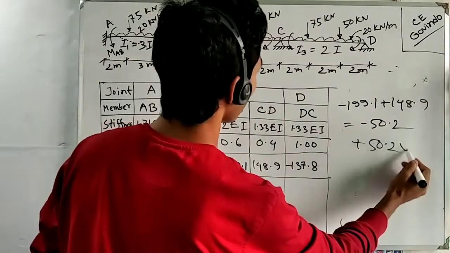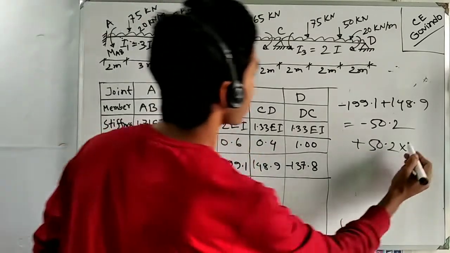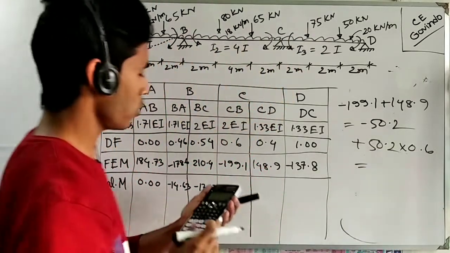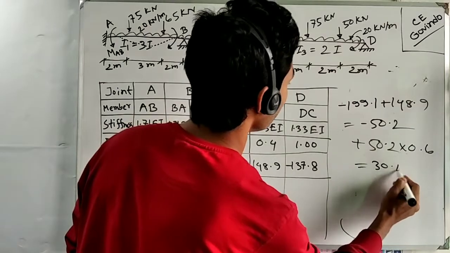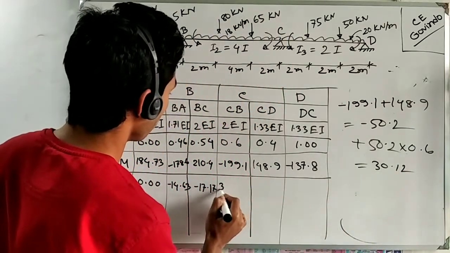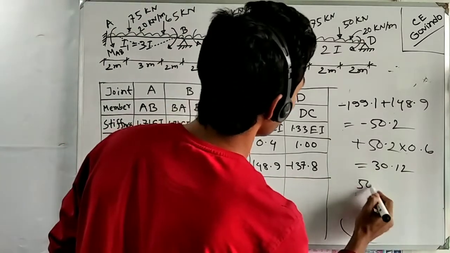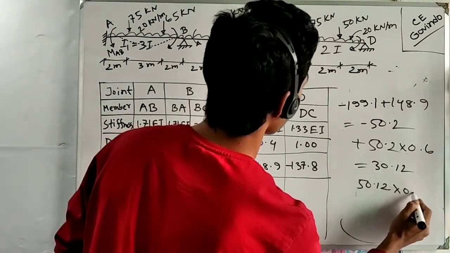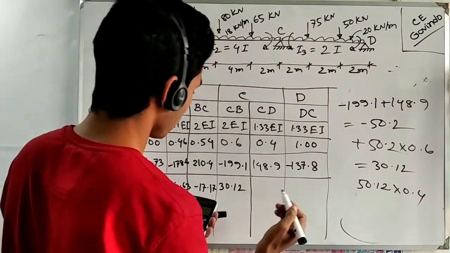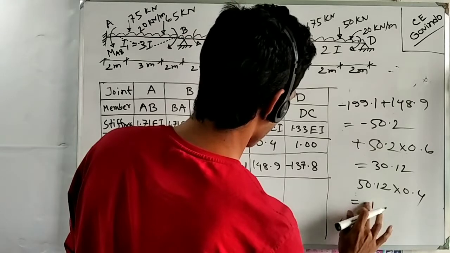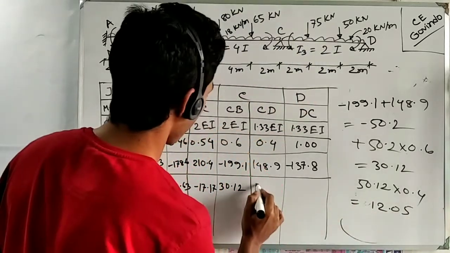For the CV member it will be multiplied by 0.6 because the distribution factor for this member is 0.6, and it will give us 30.12. Here we have balanced moment 30.12, and for this member this 50.2 should be multiplied by 0.4, which gives 12.05.